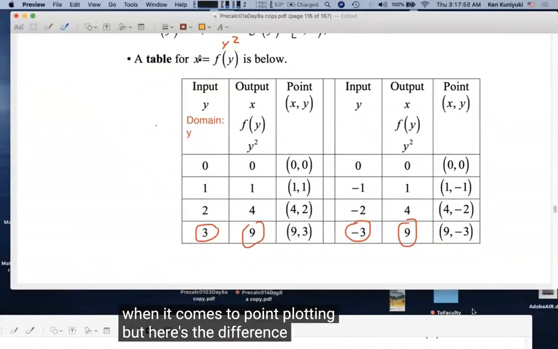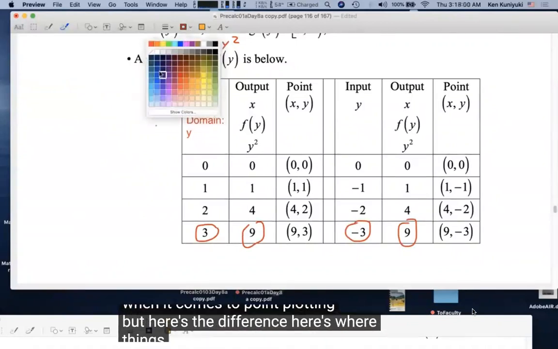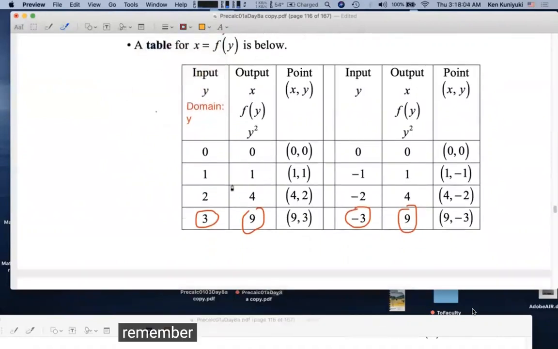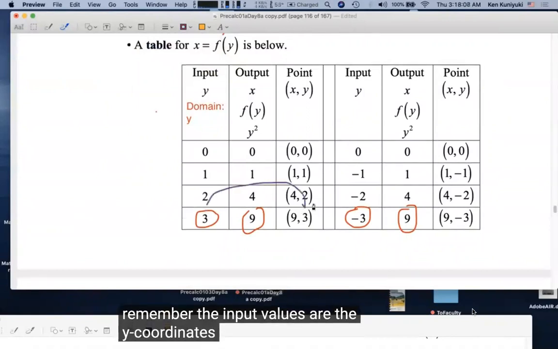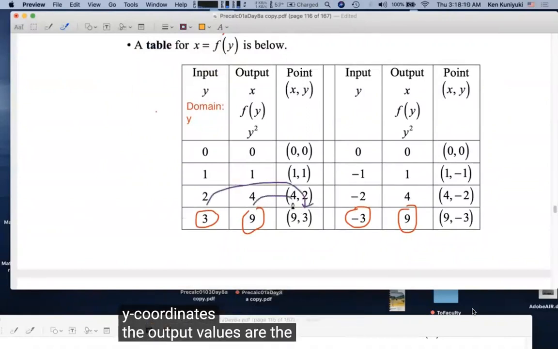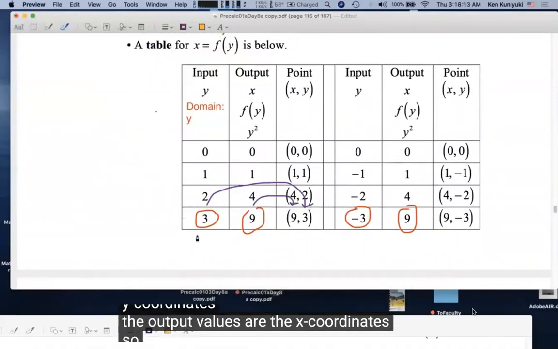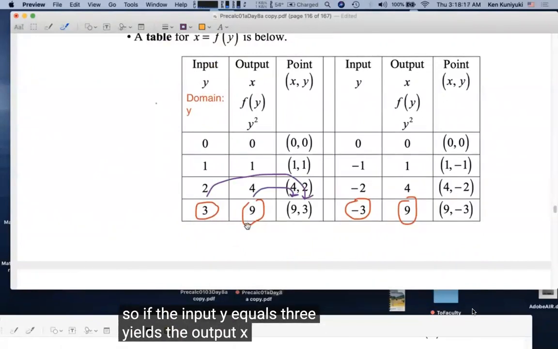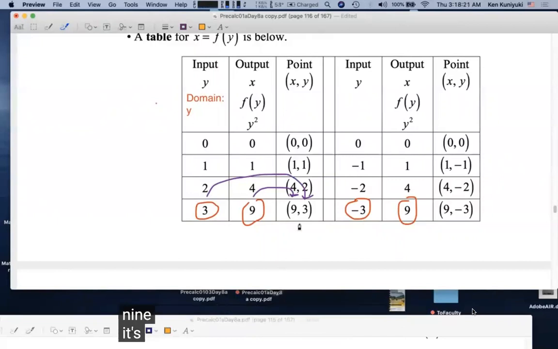But here's the difference. Here's where things change. Remember, the input values are the y coordinates. The output values are the x coordinates. So if the input y equals 3 yields the output x equals 9, the corresponding point is not 3, 9, it's 9, 3.